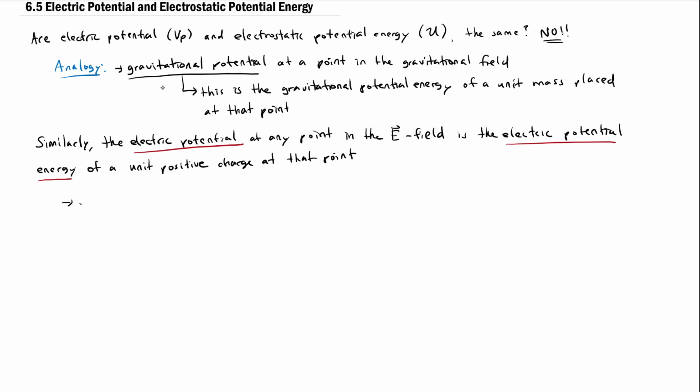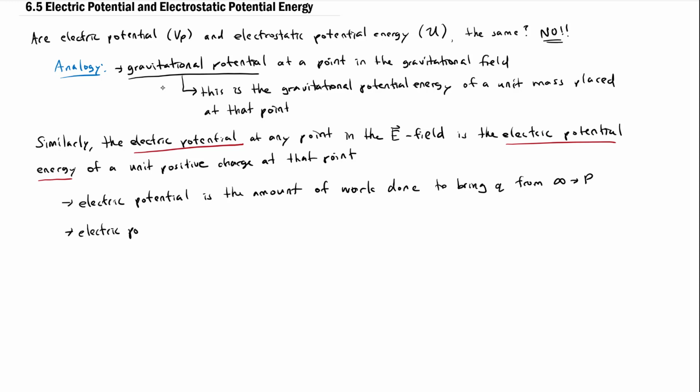So a few key things. Electric potential is the amount of work done to bring your test charge Q from infinity to a certain point P. Meanwhile, the electric potential energy is the energy needed to move a charge against the electric field.